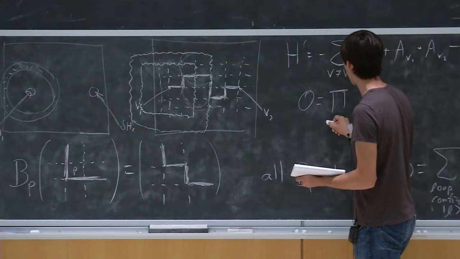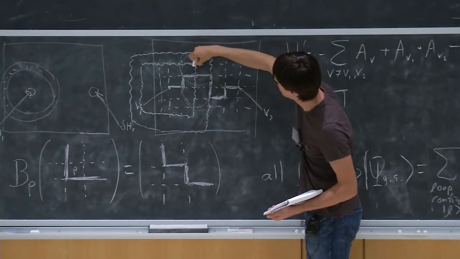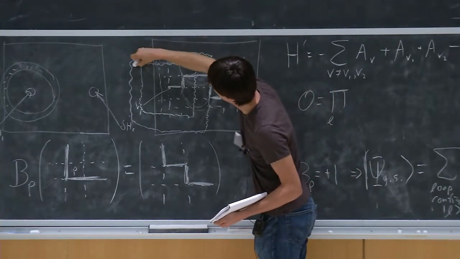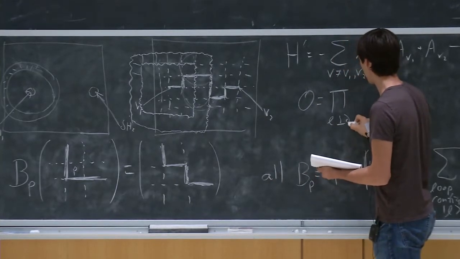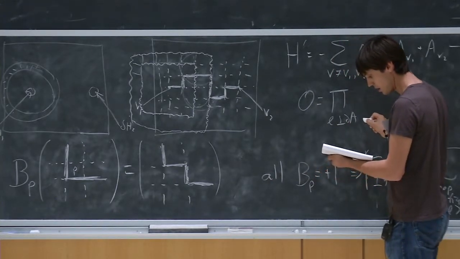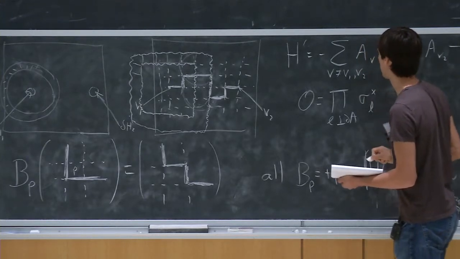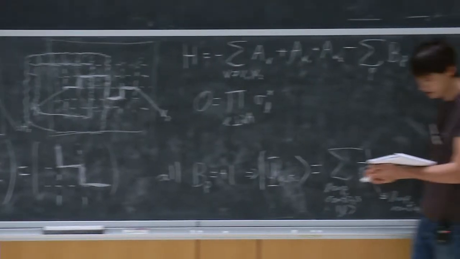I can construct it as the product over all links L perpendicular to the boundary of the same region A of sigma x. This operator gives me +1 if there's an even number of strings, and -1 if there's an odd number from inside to outside.